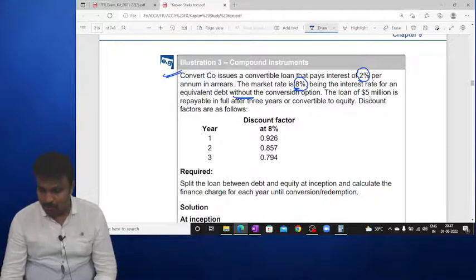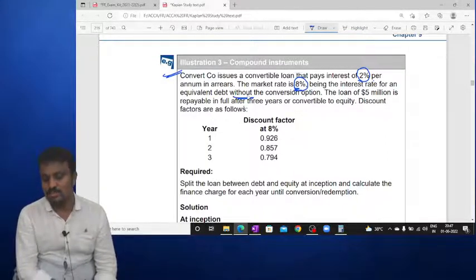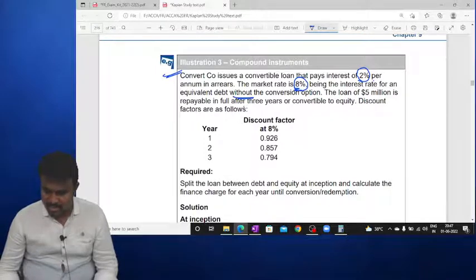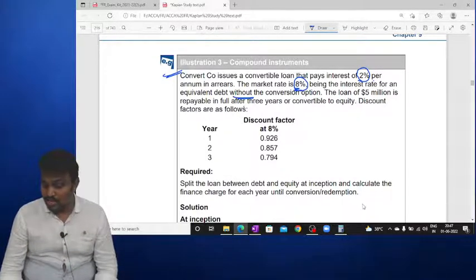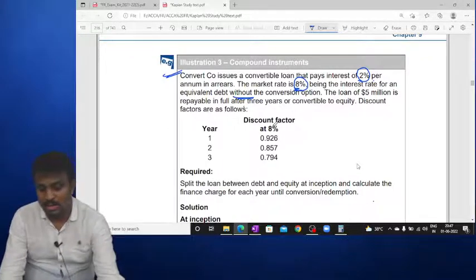The loan of $5 million is repayable in full after 3 years or convertible into equity. Discount factors are there at 8%. Split the loan between debt and equity at inception and calculate the finance charge for each year until conversion or redemption.